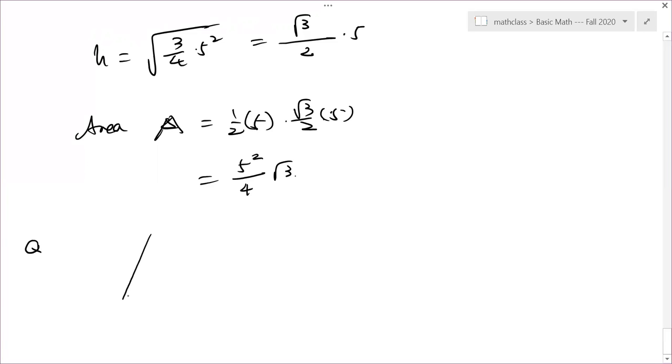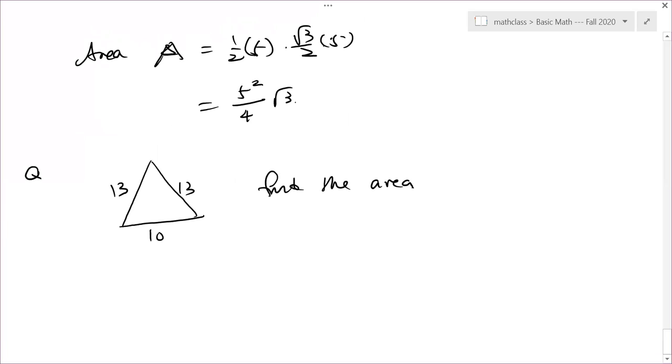I'll let you try it again. So here's a different problem. Here's 10, okay? 13, 13. Find the area of this triangle, please. Stop.